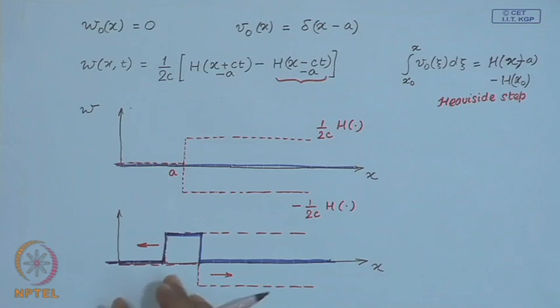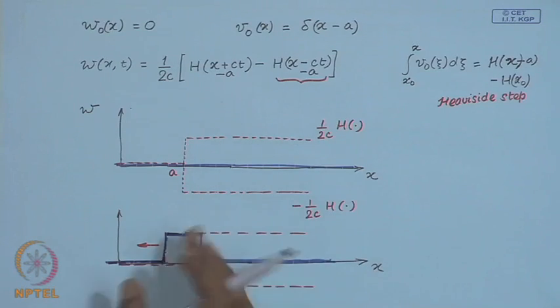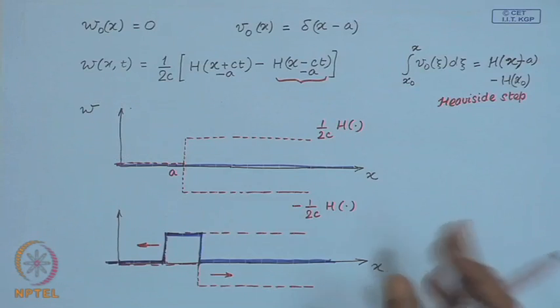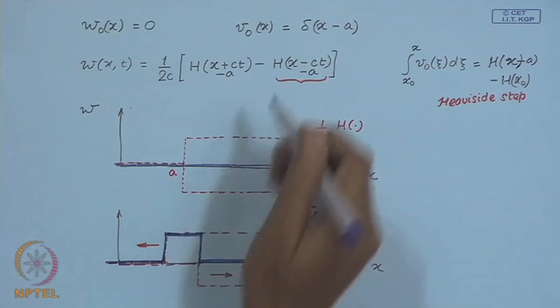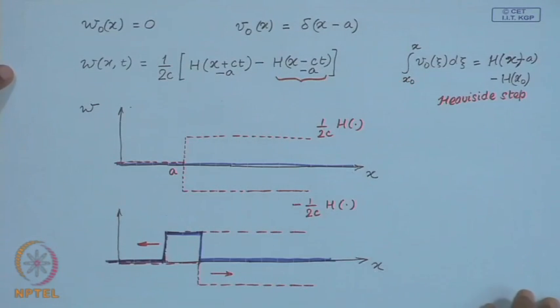Now, instead of an impulse, because impulse is a little difficult to produce exactly, if you produce a distribution, then the pulse shape is going to change, and this we have seen as an example of a string with initial velocity distribution in one of the previous lectures.